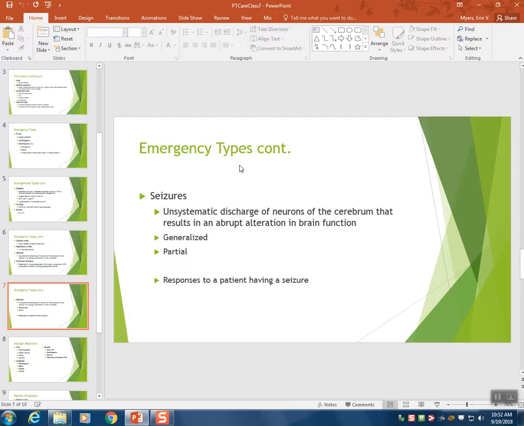So this generalized seizure, like I said, may be considered the term grand mal. I don't think they use those terms too much anymore. So there's grand mal and petit mal seizures, and I think those have been changed to generalized and partial.